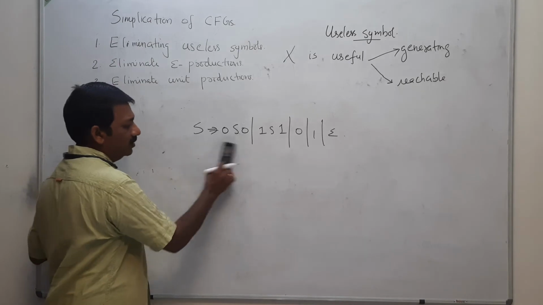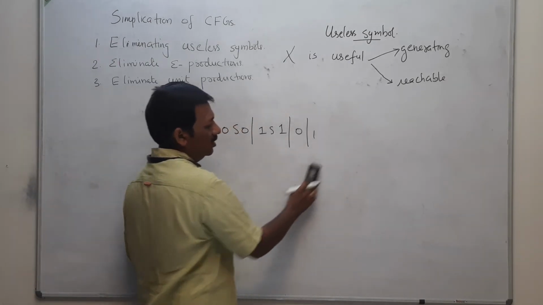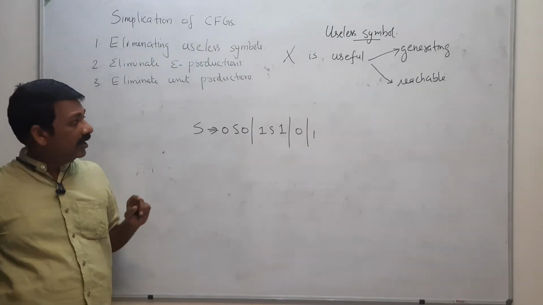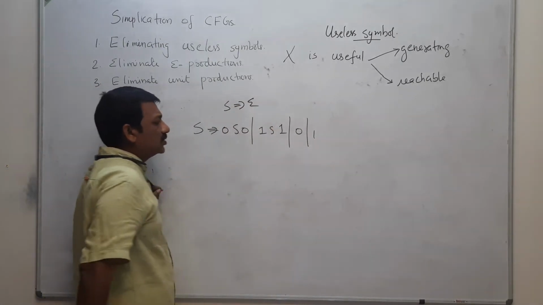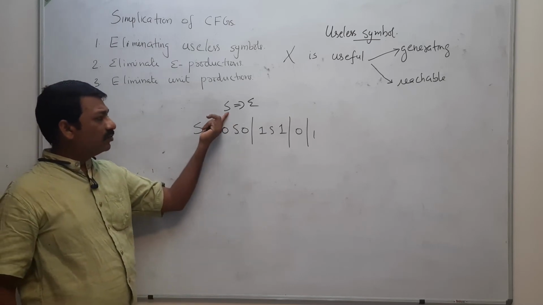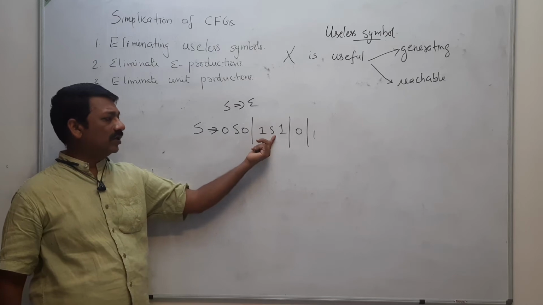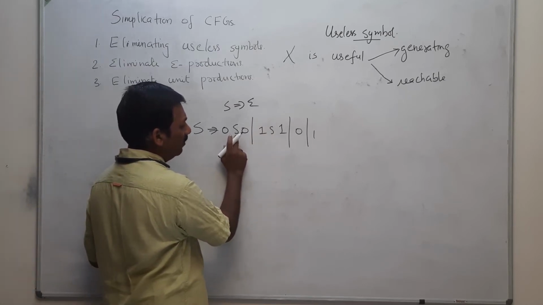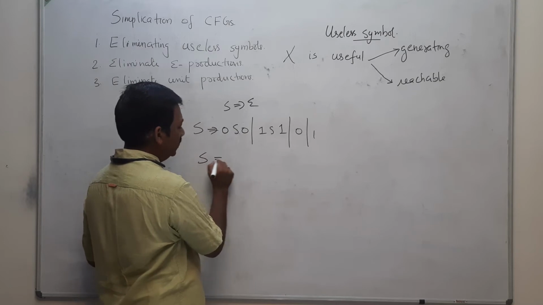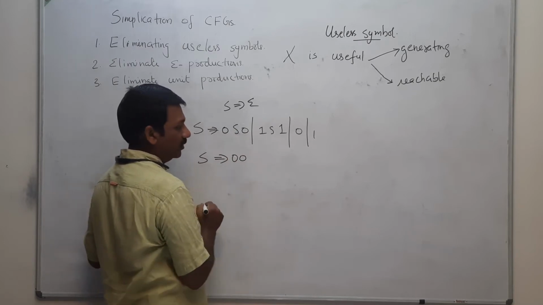So here now I have eliminated S derives epsilon. So here you have to replace all these S's with epsilon. Then if you put epsilon here, what will happen? You will get another production which is 00.